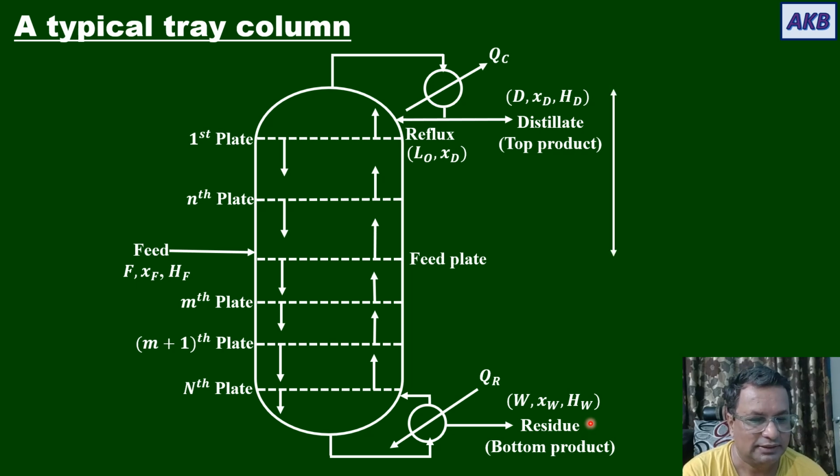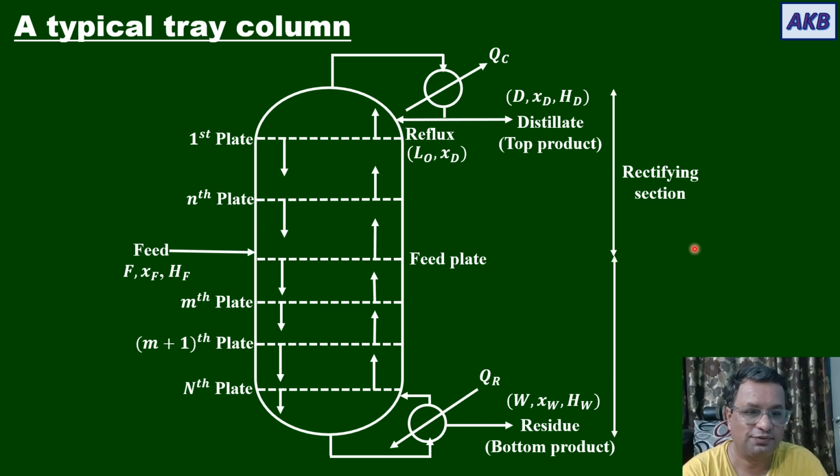Then you also know the section of the column above the feed plate. This section we call the rectifying section. Why it is called the rectifying section, I have discussed in one of my previous videos. Please do watch that video.